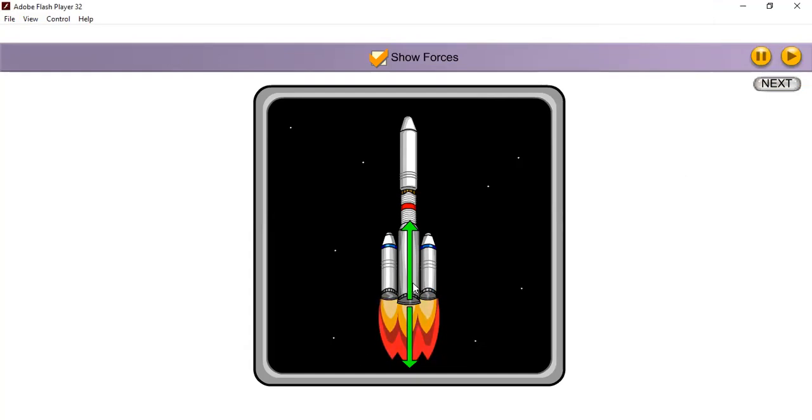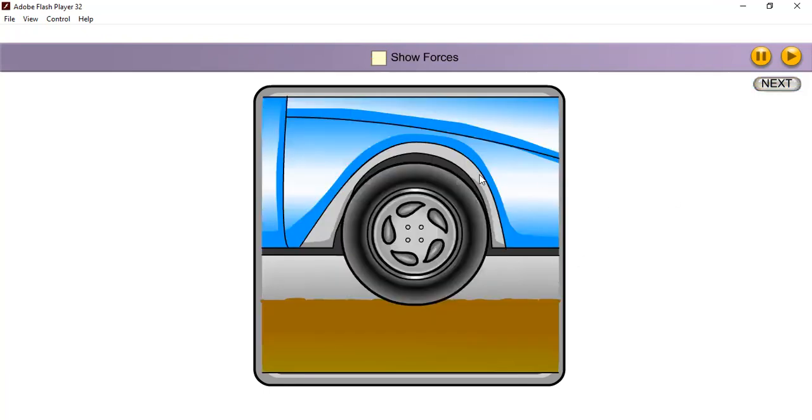That's the action. The reaction: the rocket moves upward. And how about if a wheel is turning? When a car is moving on the ground, there is a downward force, which is the weight of the car, and there is a normal reaction acting on the car.